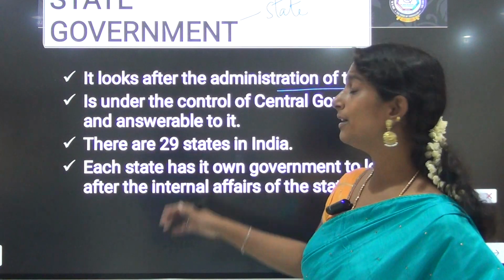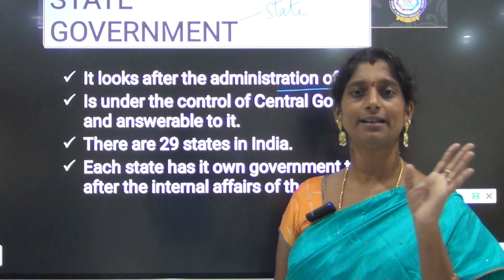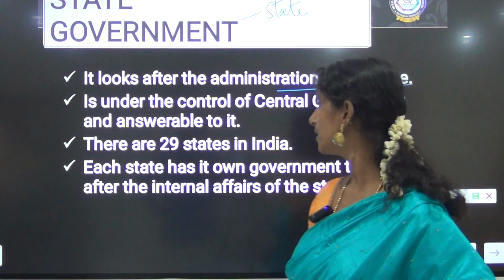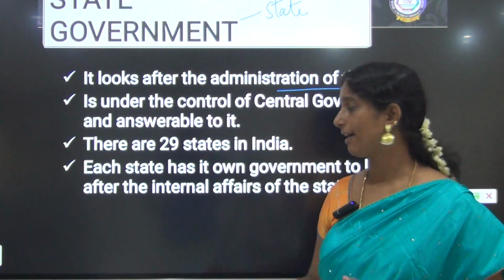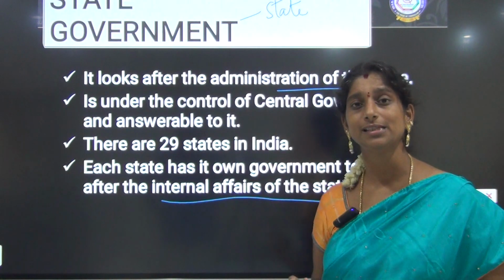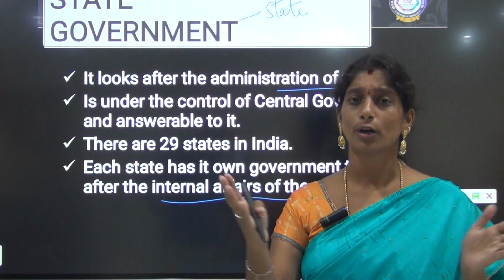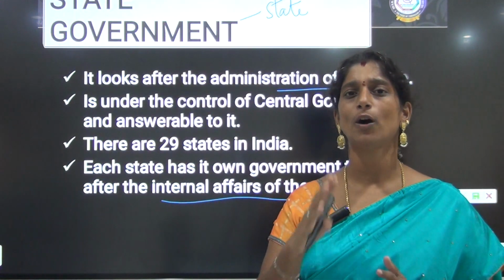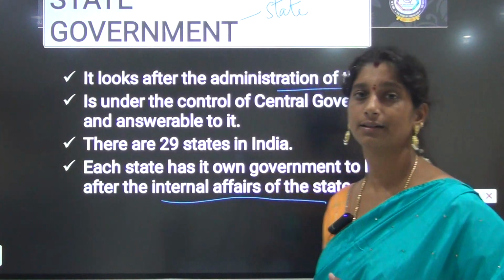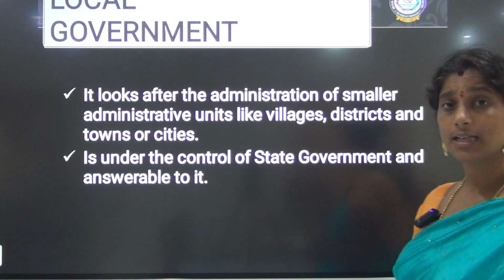Okay, and in India we have 29 states, and each state has its own government. Okay, so the state government takes care of the internal affairs of the state. So it is the duty of the state government to maintain the law and order inside the state, and it is the duty of central government to maintain the law and order overall in the country. Clear?